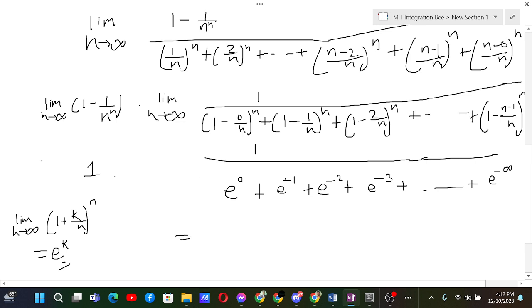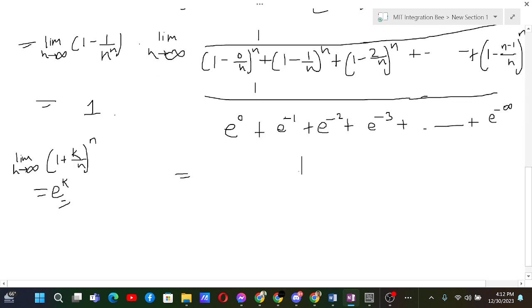So basically this is the limit. Now if we have to add these things, we can use the infinite geometric formula, which is a by 1 minus r. Here a is e to the power 0 and r is e to the power minus 1.